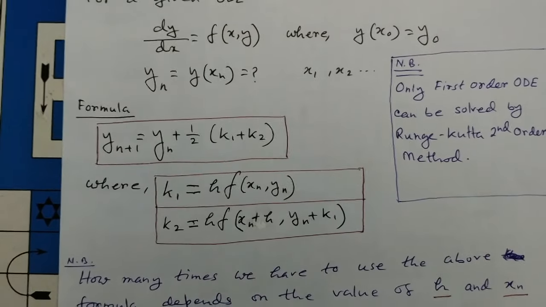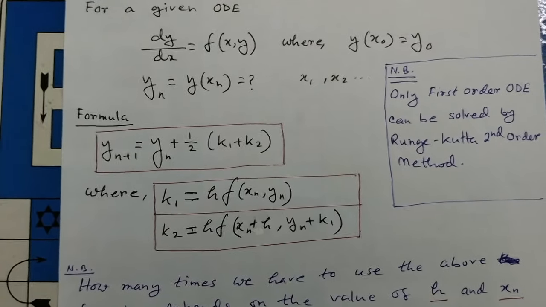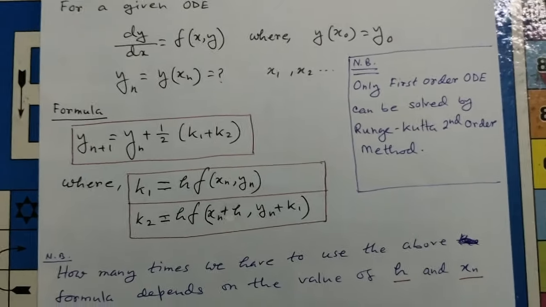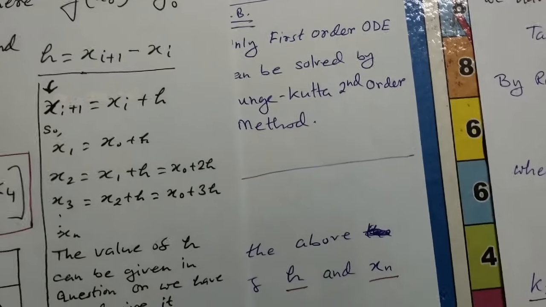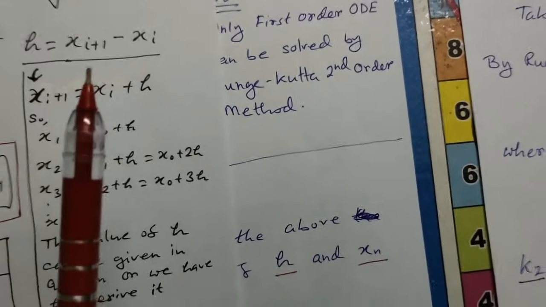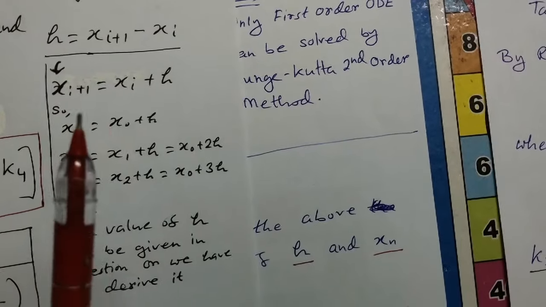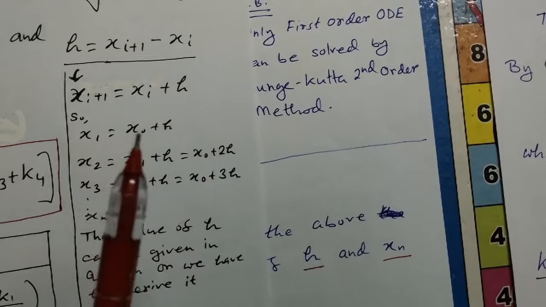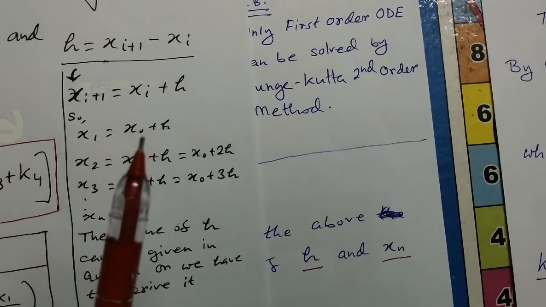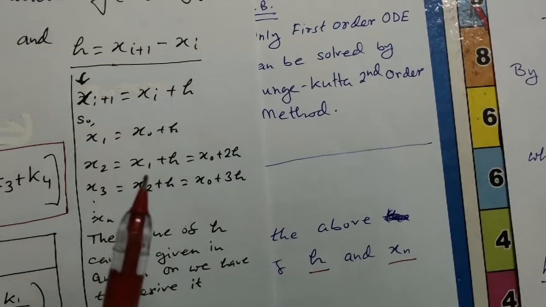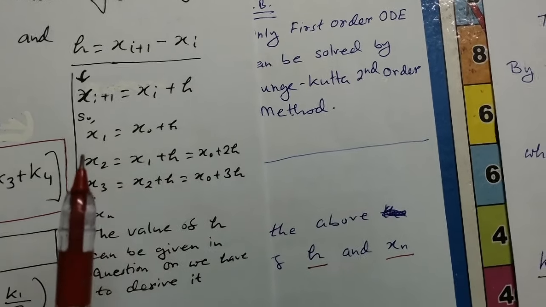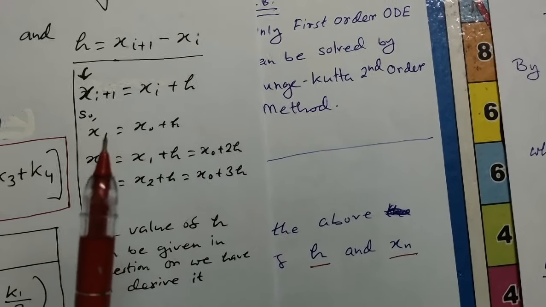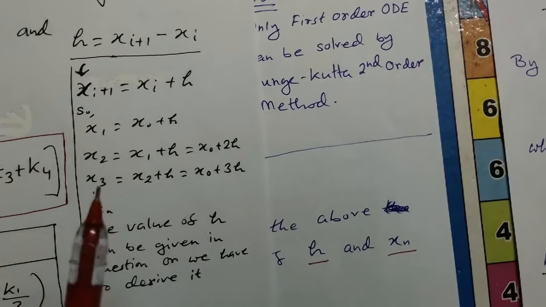If you remember the previous video, or you can take reference from it, h is x(i+1) minus xi. So x(i+1) equals xi plus h. In this way, we can get x1: x1 is x0 plus h, x2 is x1 plus h. It means h is an increment, from x0 to x1, x1 to x2, x2 to x3, and so on.